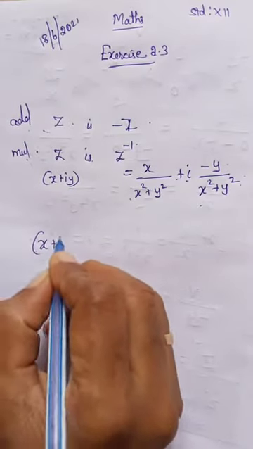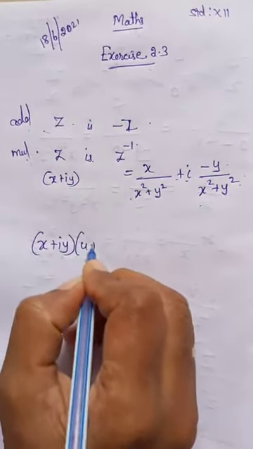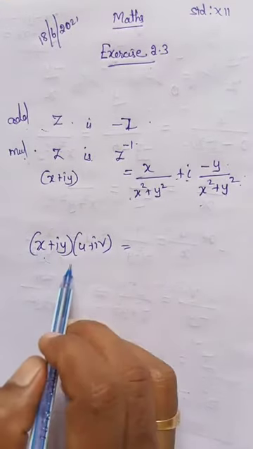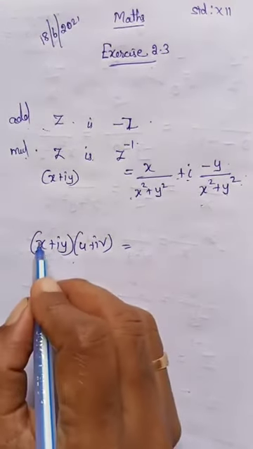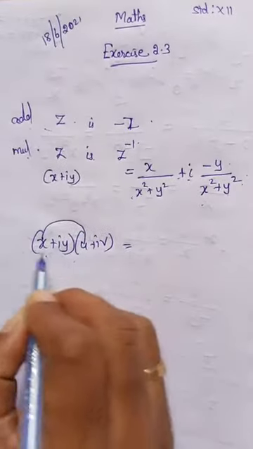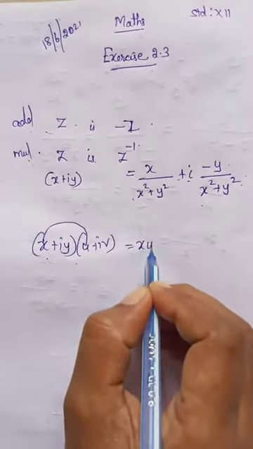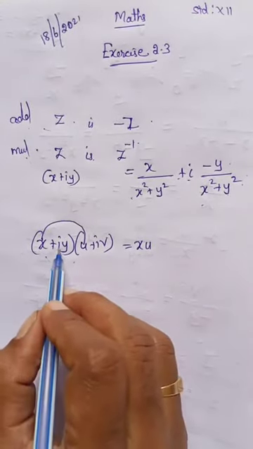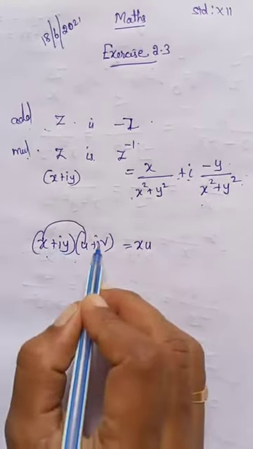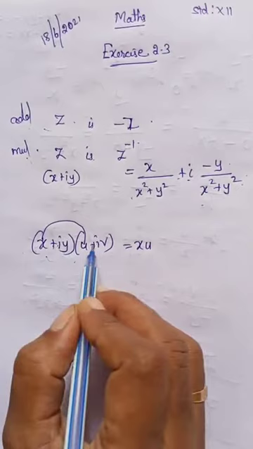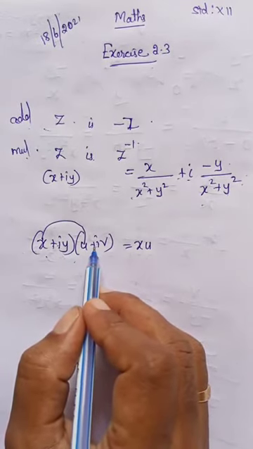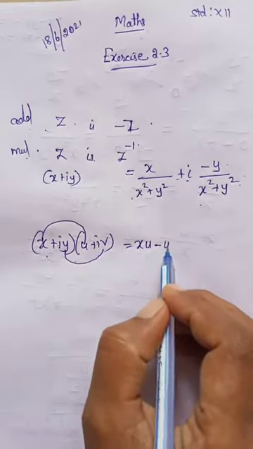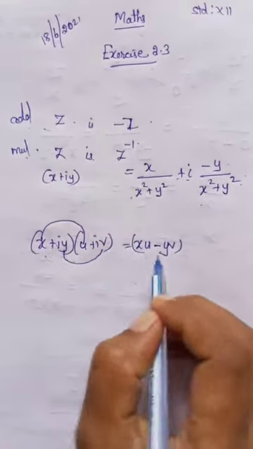Say x plus iy into u plus iv. You can multiply by the ordinary method, or we have a direct formula. This is xu, the real part, then when we multiply i into i it becomes i square, whose value is minus 1, so minus y into v.